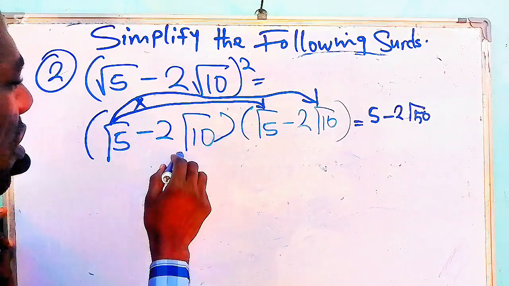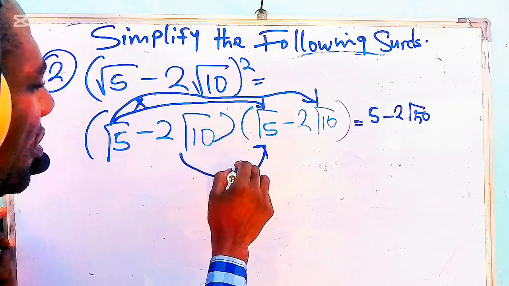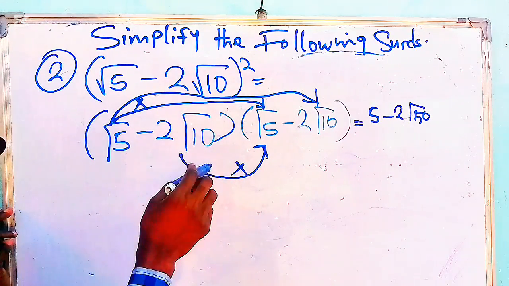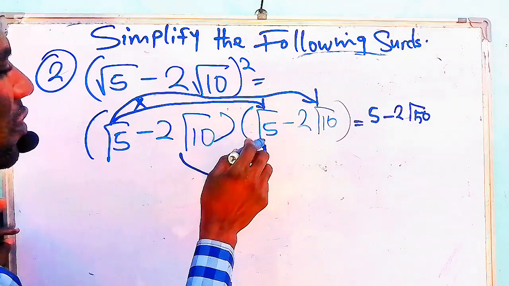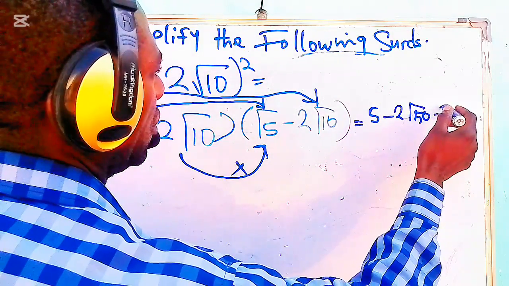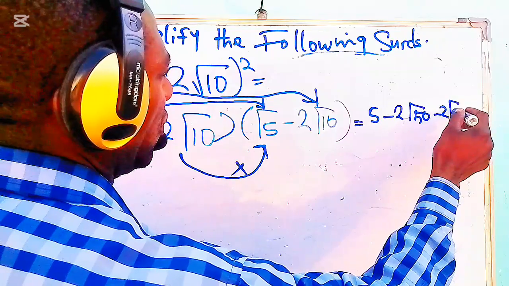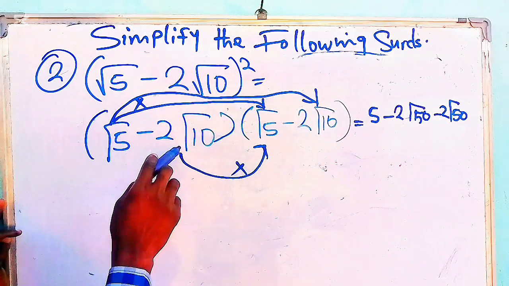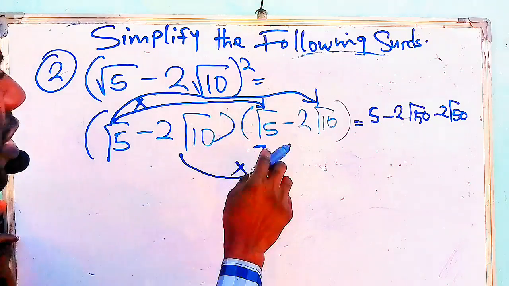Okay, now we multiply this first, 2√10 times √5. We are going to have minus 2√50 also. And finally, this multiplied by this.